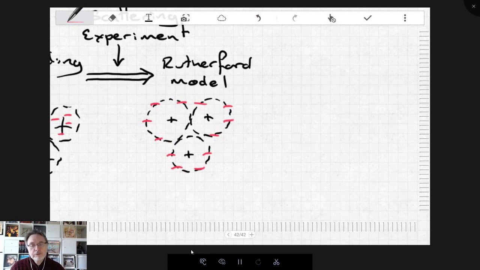The Rutherford model has a nucleus that's positively charged at the center where most of the mass is, and a single ring for all of the electrons around the outside. Now, I should point out that at this time, when this model was proposed, Rutherford was not working on electricity. All the people that were doing research on electricity saw this model and suddenly realized that their definition of current, which is the rate of flow of positive charge, was incorrect.